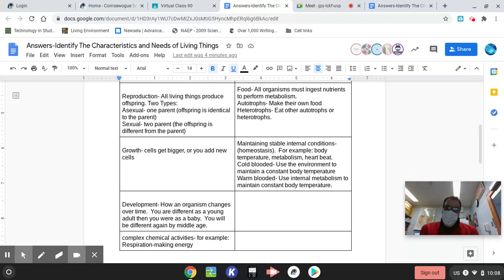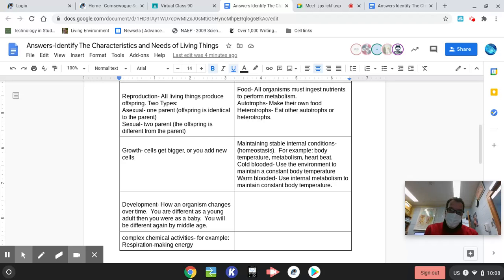Okay. And so maintaining stable internal conditions is extremely important, right? Blood pressure is another example, right? If you go to the doctor, think of the things they check. They check your heart rate, they check your breathing, they check your blood pressure, they check your eyes to make sure that your nervous system is responding correctly in the way that it's supposed to, that you're in homeostasis.